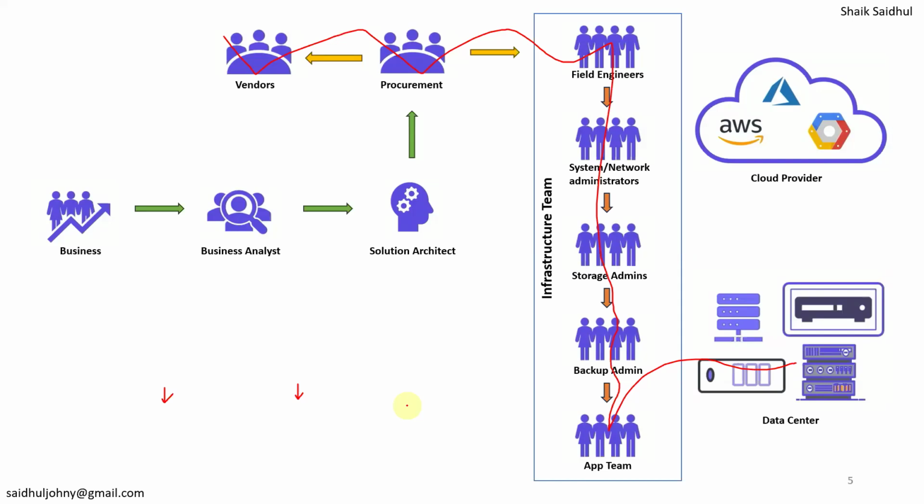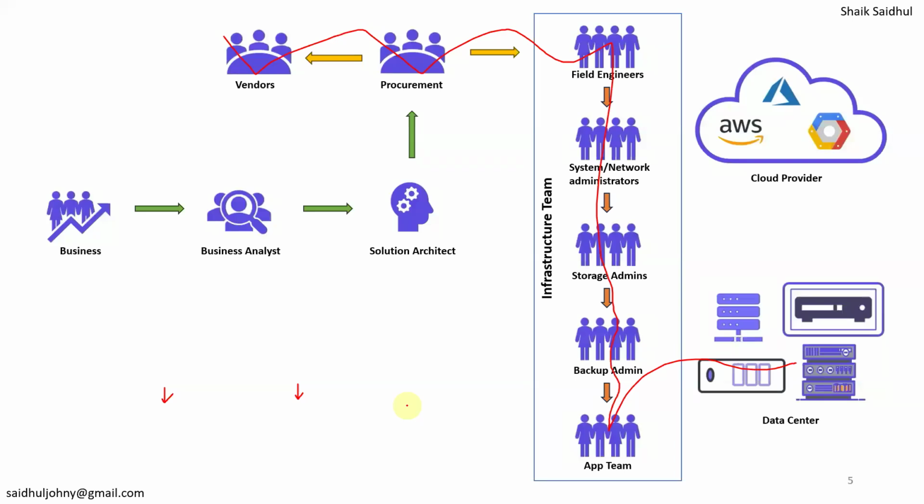So this is the reason why we need the cloud platform. Most of the companies have already moved to the cloud, and there are still companies moving to the cloud.